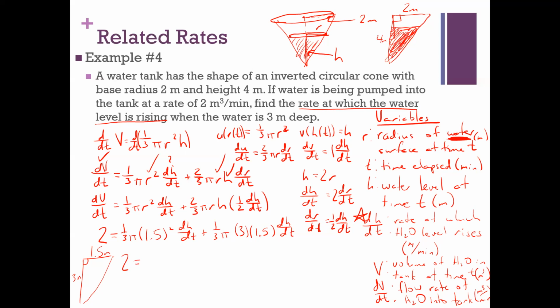Oh no, there's a one. This is a 1.5. Back out dh/dt for now: 1/3 pi times 2.25 plus 1/3 pi times 4.5. If someone wants to do that for us, that's great.